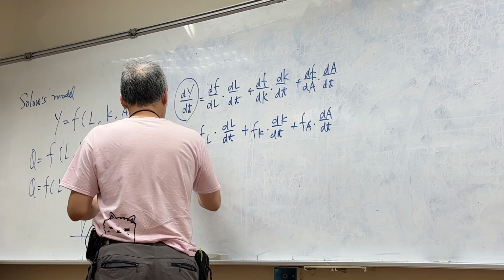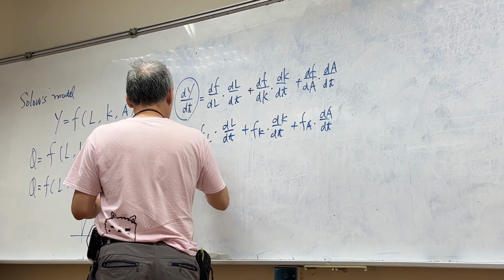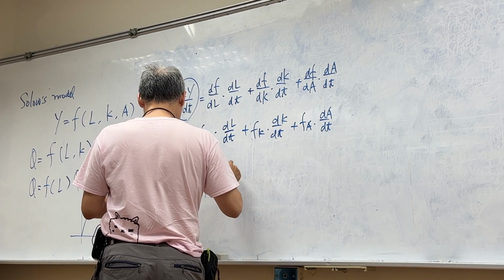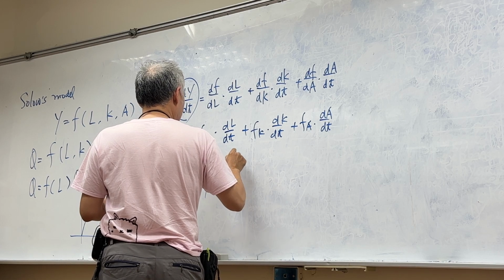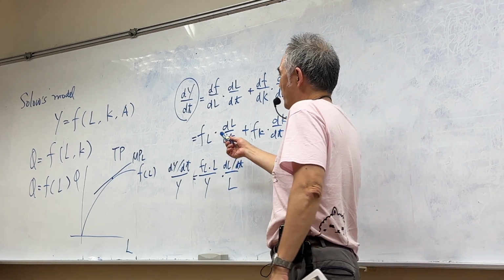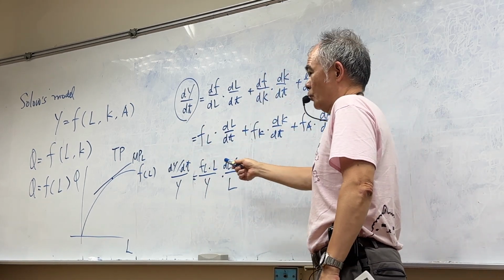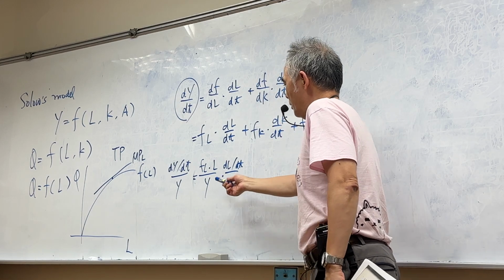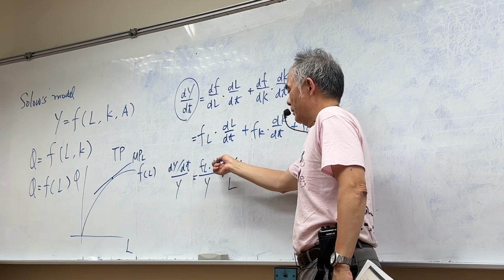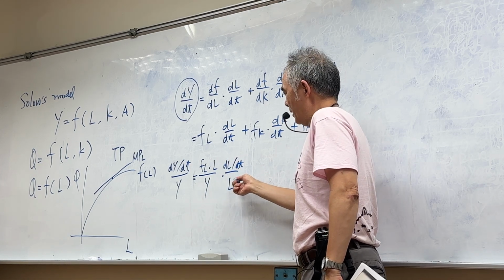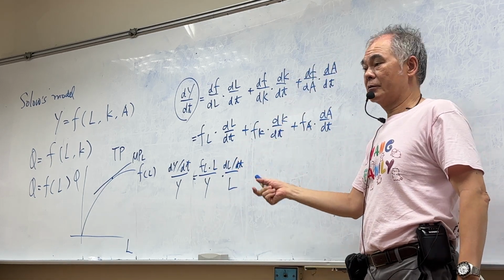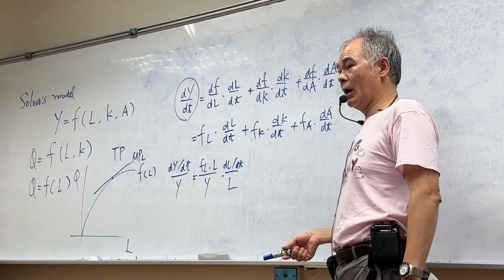So here you will have Y, F_L times L, and then L, here you have dL dt. Basically what do we do? We divide the whole equation by Y, and so here you divide by Y, and then you times L and divide by L. So here what you have? You get the same thing here, so L and L could be canceled out.